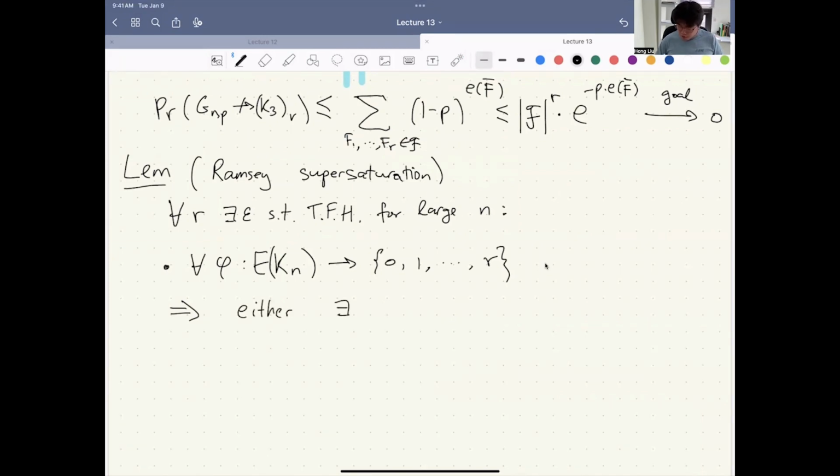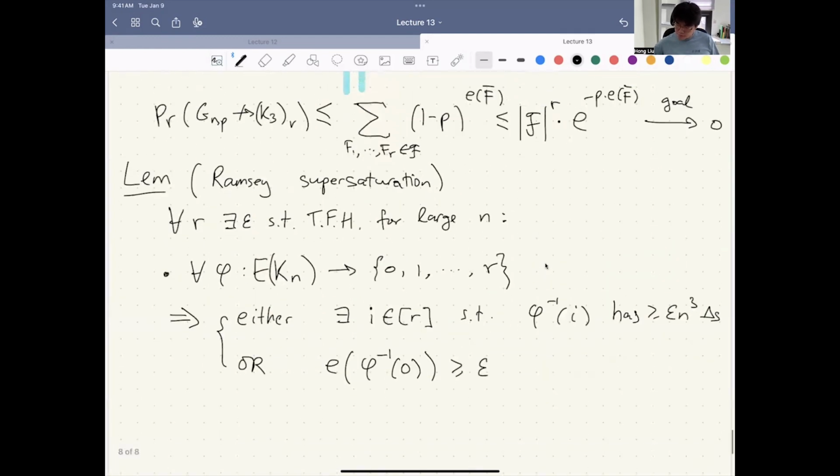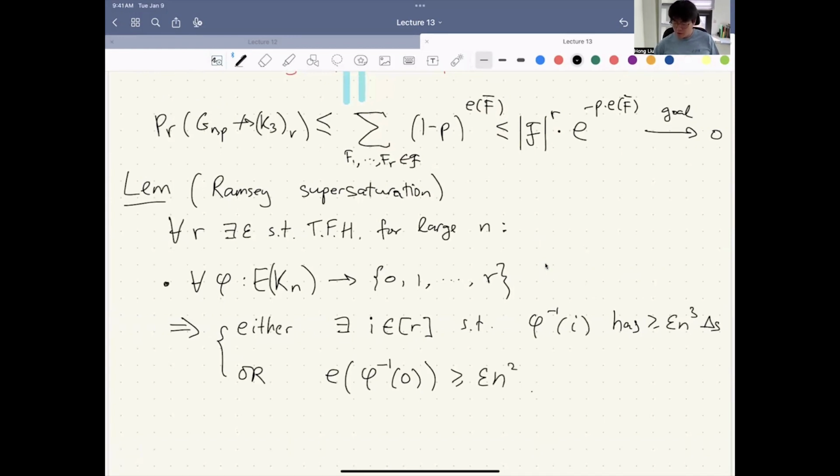Either there exists some I in the colors 1 to R such that the ith color, phi inverse of I, has at least epsilon n cubed triangles, or the number of edges of this F0, the phi inverse of 0, is at least epsilon n squared. Okay.